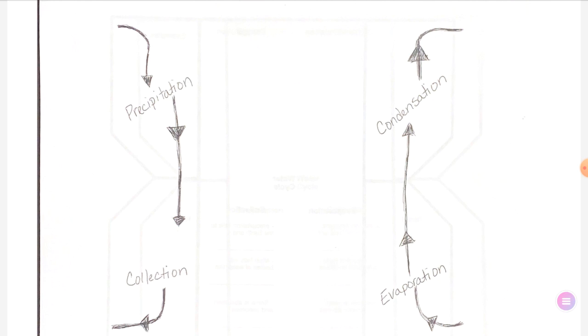Now, when it's all folded up, what should all of those arrows be in the shape of? Yeah, it'll be like a circle, okay? It looks funky now because it's a foldable, which means those outside flaps will fold in. So find the one that says precipitation, and we're just going to kind of label it to make it more visually appealing.